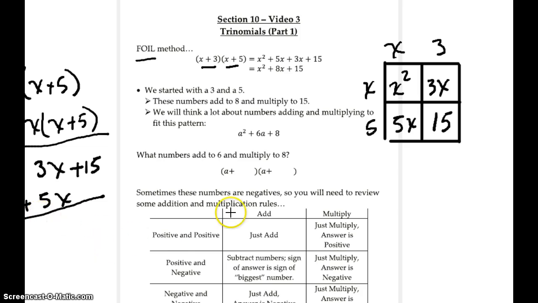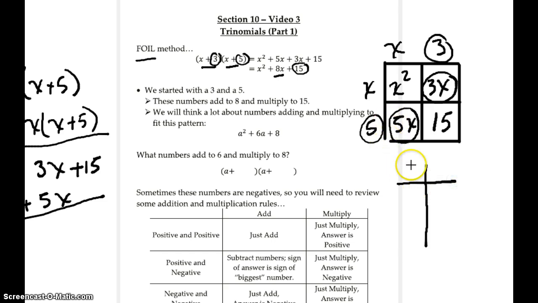But the bottom line is that we can see that these numbers come together by multiplying 3 and 5, they come together by a number that multiplies to this, and the 8x comes from adding 2 parts of the middle component. And so we'll take a look at that pattern, but basically we have to start to identify that pattern.